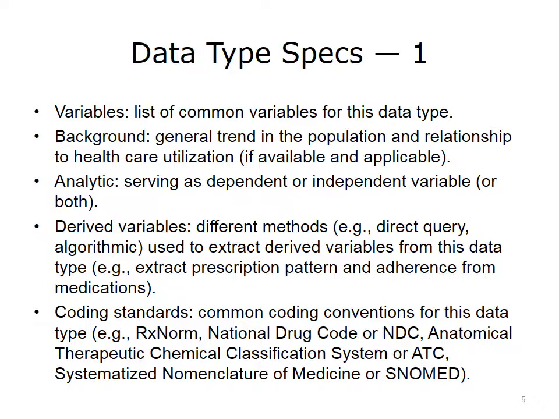The National Drug Code, or NDC. The Anatomical Therapeutic Chemical Classification System, or ATC, and the Systematized Nomenclature of Medicine, or SNOMED. Knowing which data standard is applicable to which data type will help users to recognize and prevent potential interoperability issues that may arise while developing population health data systems.